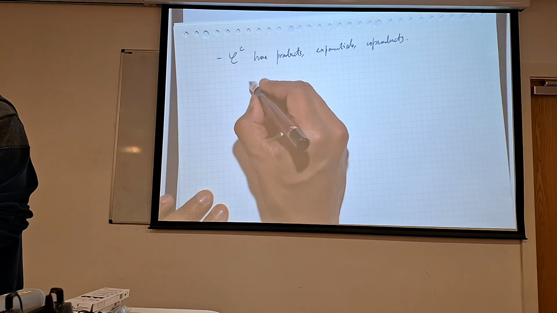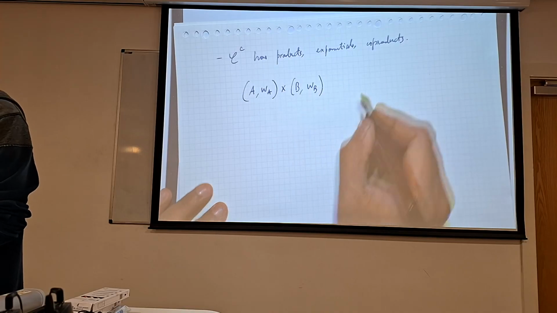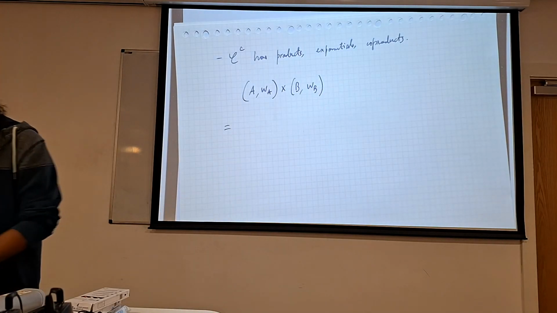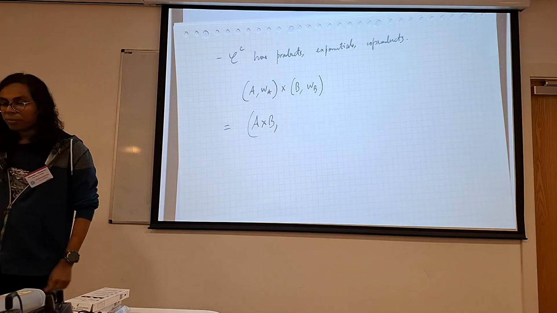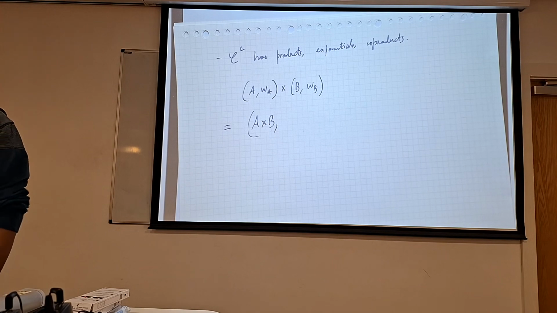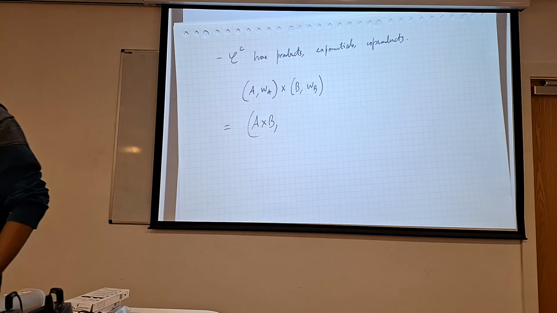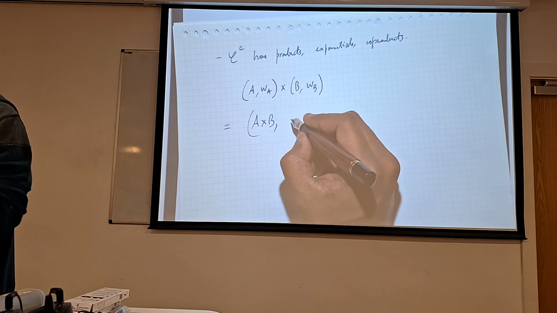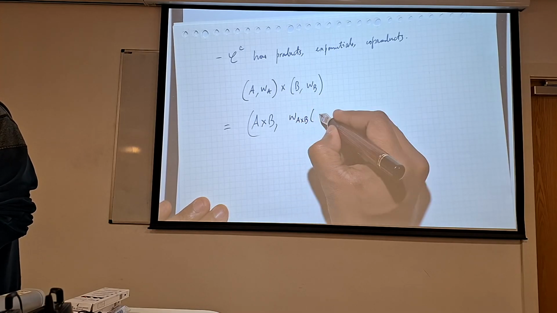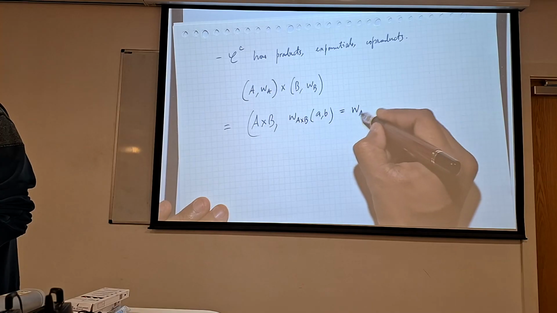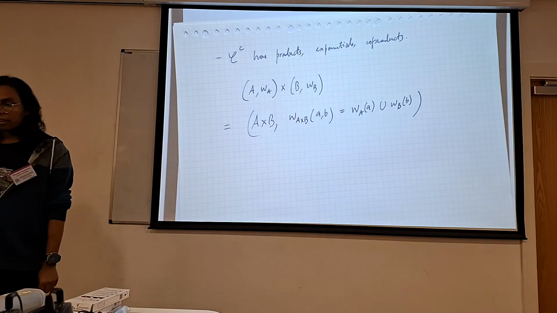There is an operational way of also trying to understand them. If I take products of the things on the left, the things that were captured by A and the things that were captured by B, I just do a pointwise union.